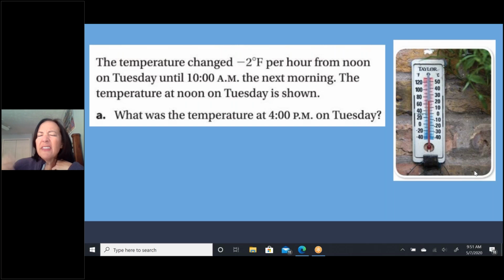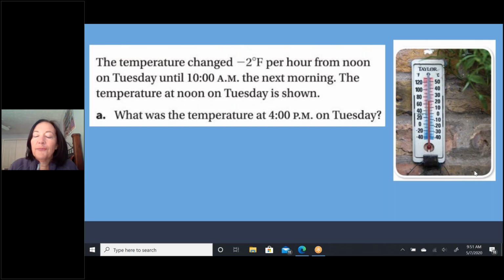Okay. And then they throw in this information that it continued going down 2 degrees each hour from noon on Tuesday all the way until Wednesday morning at 10 a.m. Okay, so that's just information to store away in your head. They're saying now in the picture, the temperature at noon on Tuesday is shown. So at noon on Tuesday, what was the temperature, Tashana?